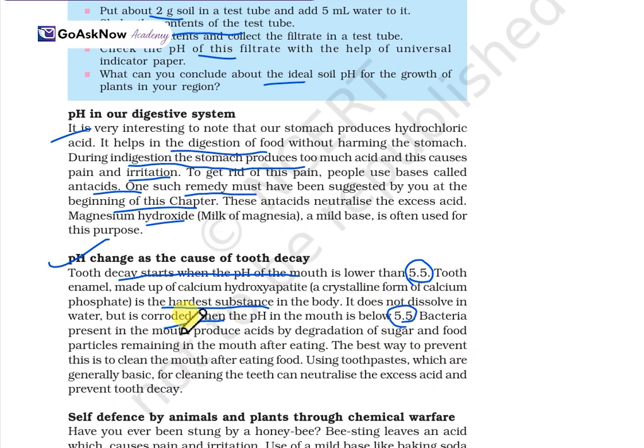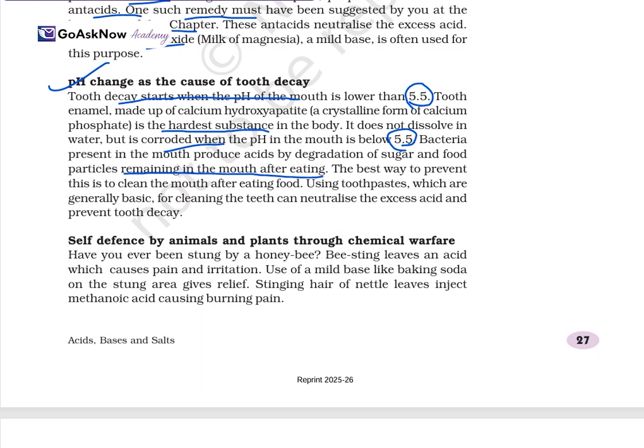The bacteria present in the mouth produce acid by the degradation of sugar and food particles remaining in the mouth after eating. The best way to prevent this is to clean the mouth after eating food, using toothpaste, which is generally basic, to neutralize the excess acid and prevent tooth decay.